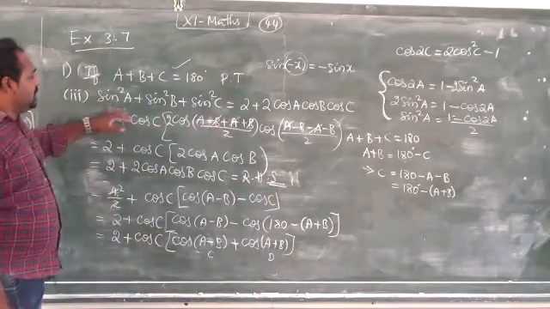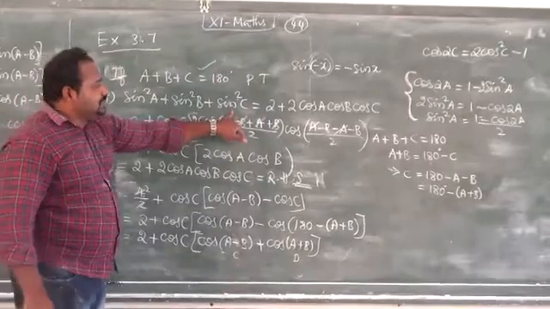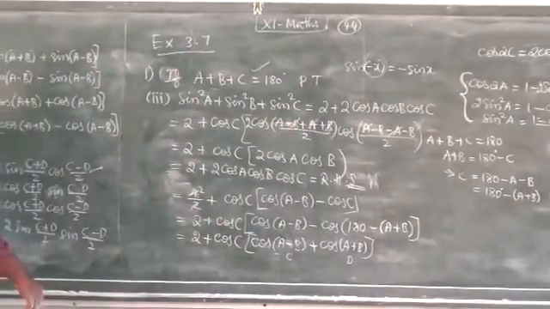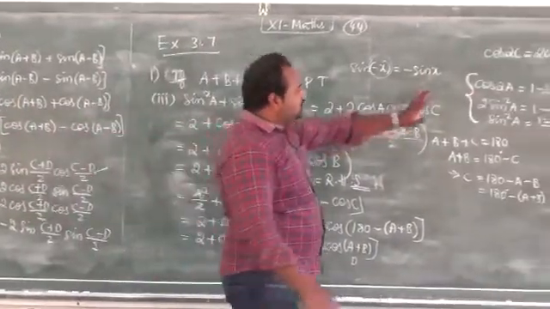Then only can we make all the changes for sine square b and sine square c. Then only can we simplify, and then we can use the identities. That's why we have to remember these steps.